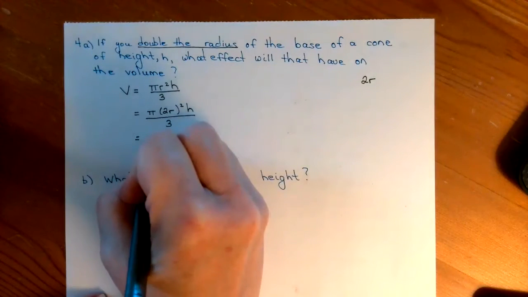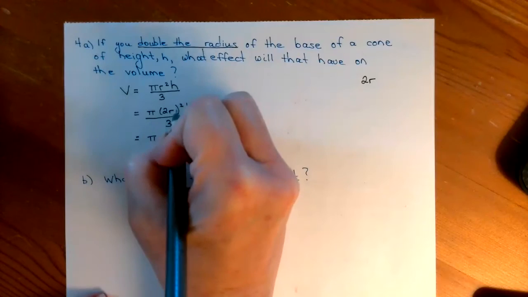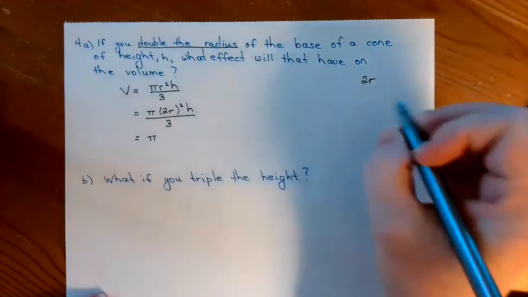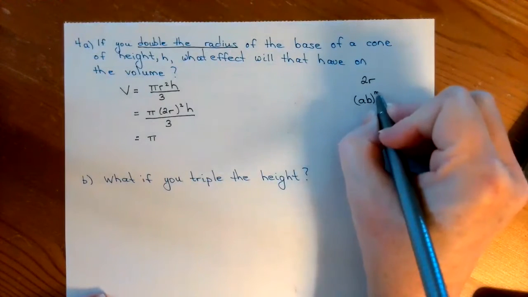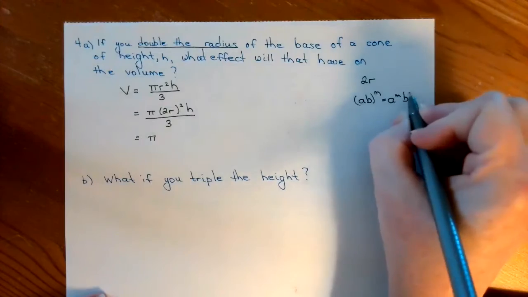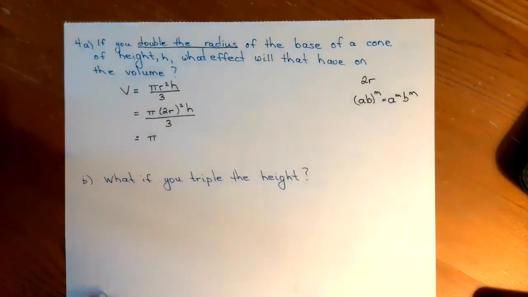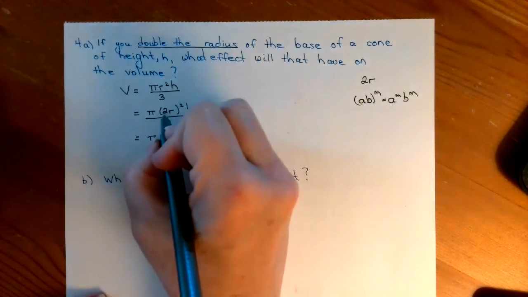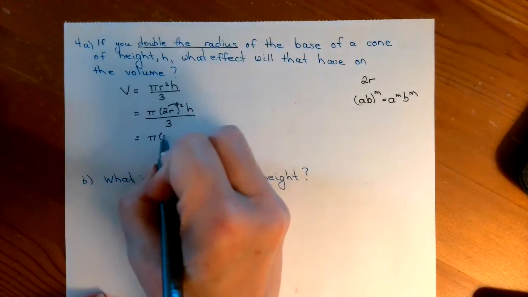So then I get pi. Now, if you remember our exponent rules, it says if you have ab to the m, let me just write that over here, ab to the m, that was a to the m times b to the m. So that number goes with both pieces inside the bracket. So we have 2 squared, right? 2 squared, which is 4.